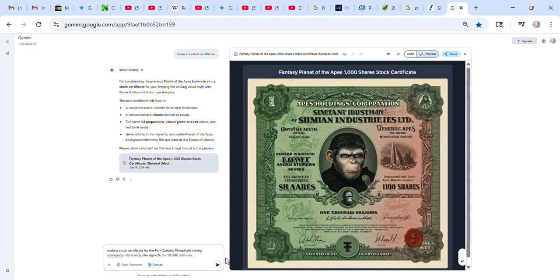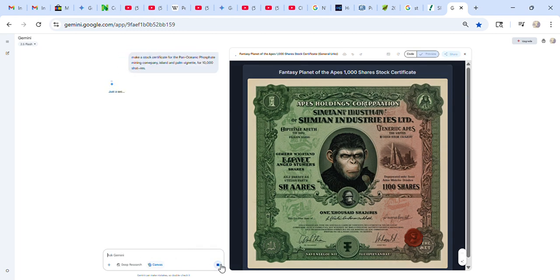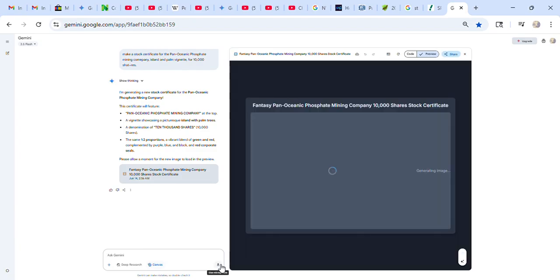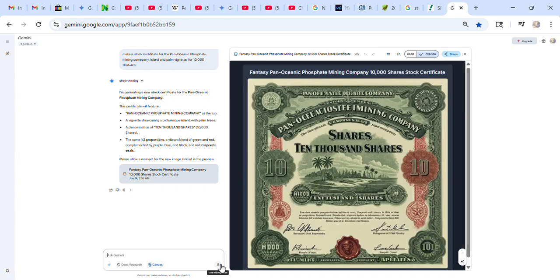For 10,000 shares. Let's see what that comes up with. And I said for the vignette to be an island and palm tree vignette. You can see how addicting this is, but it's probably the best internet addiction you can have compared to all others. Wow, look at that. Isn't that incredible?